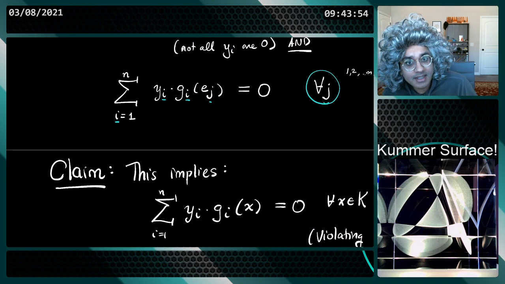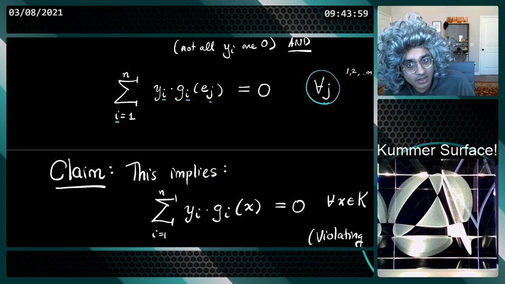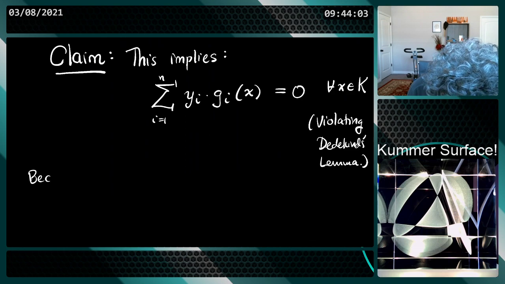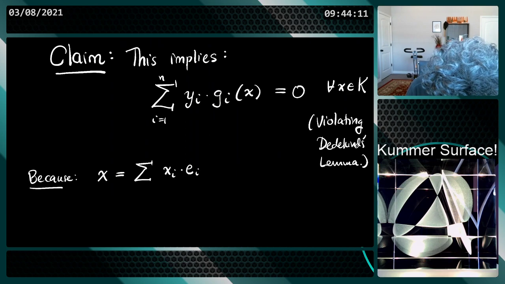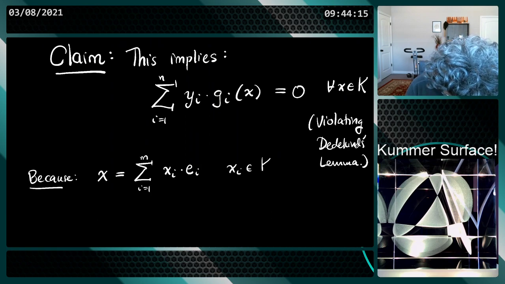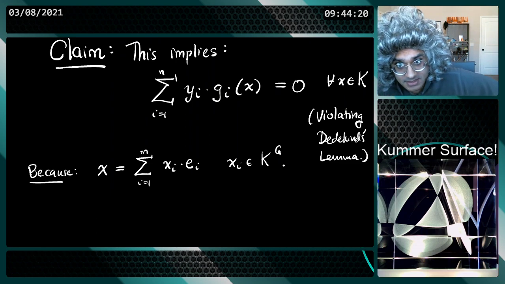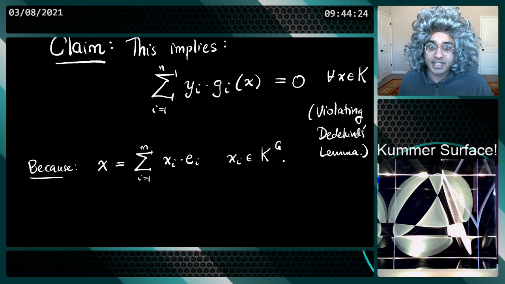So, why is this true? It's because the ej's span the large vector space K, right? Because x can be written as a sum of xi's times ei's, where xi's are in the small field. The ei's were a basis of the large capital K as a KG vector space.